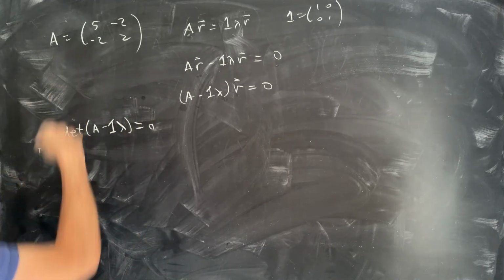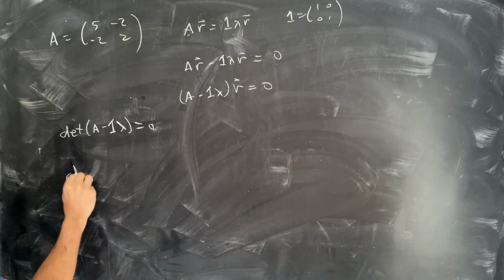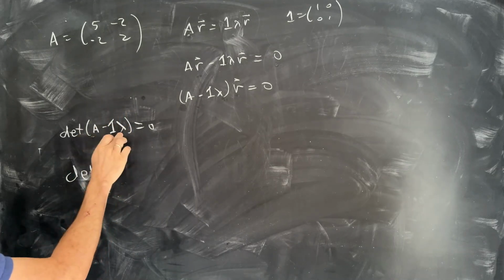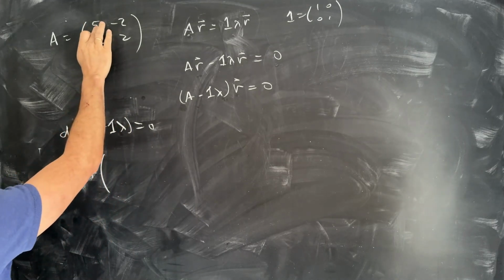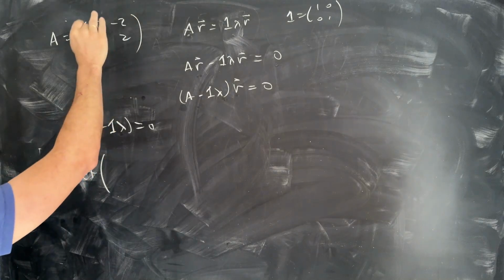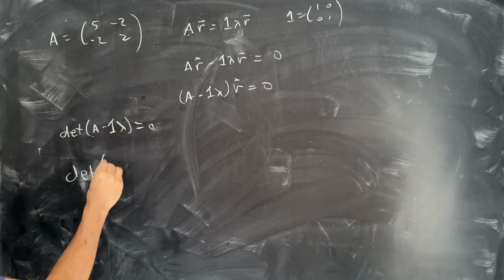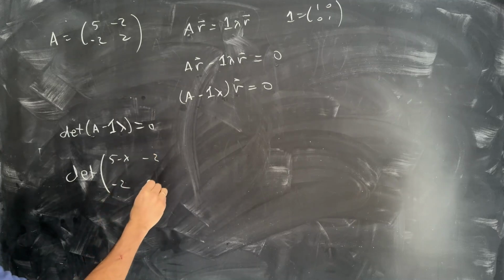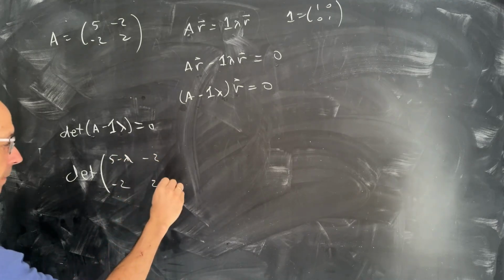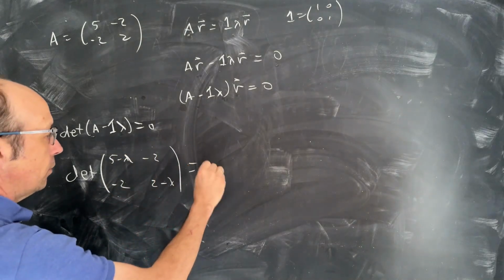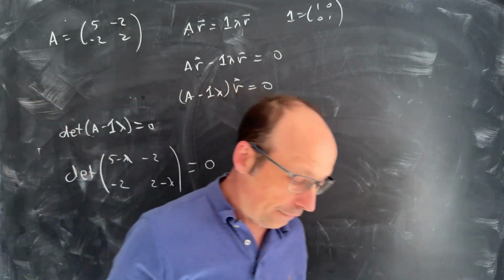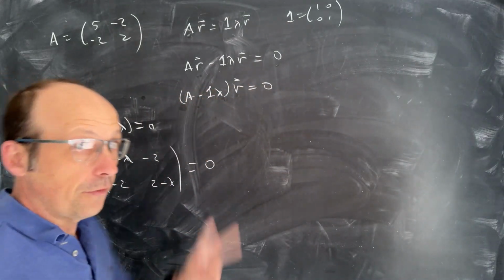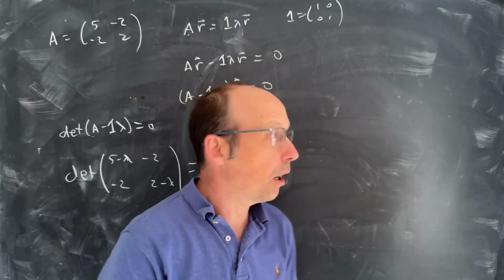So that's the determinant of the following. I'm going to say the determinant of A minus lambda times the identity: this minus lambda, that minus 0, that minus 0, that minus lambda. So I get 5 minus lambda, minus 2, minus 2, 2 minus lambda, is equal to 0. That's what we want. We want that to be 0. Well, we can take the determinant of a 2 by 2 matrix. It's not too hard.